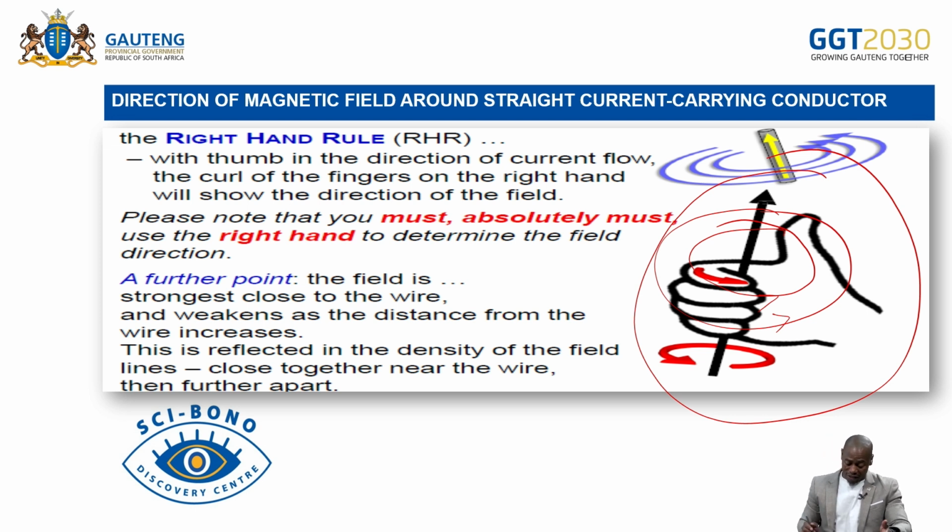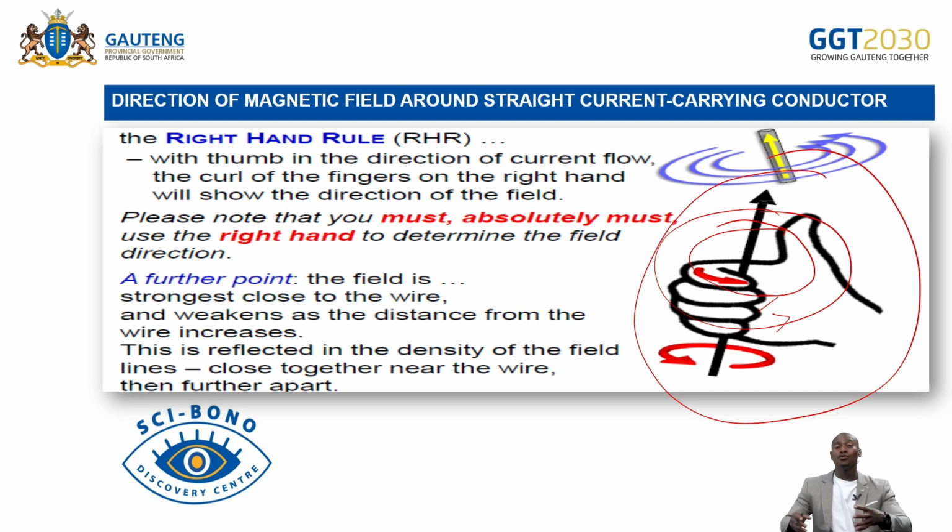Then another thing which is very, very important is that the field is strongest close to the wire, and it weakens as the distance from the wire increases.